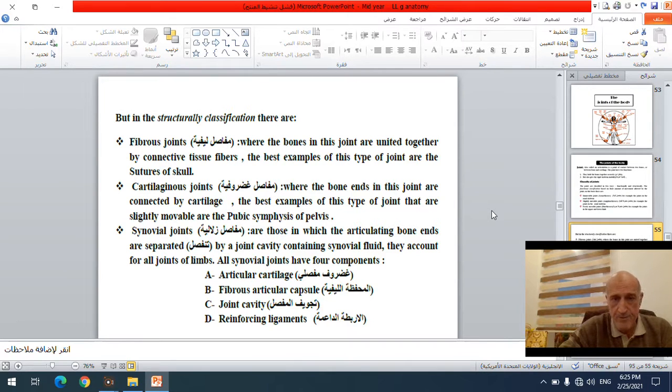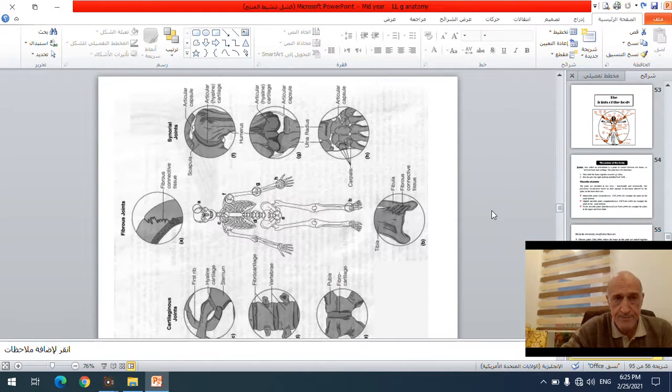The features of the synovial joint: the components of the synovial joints are four: articular cartilage, fibrous articular capsule, joint cavity, reinforcing ligaments. This is the type of the joints.